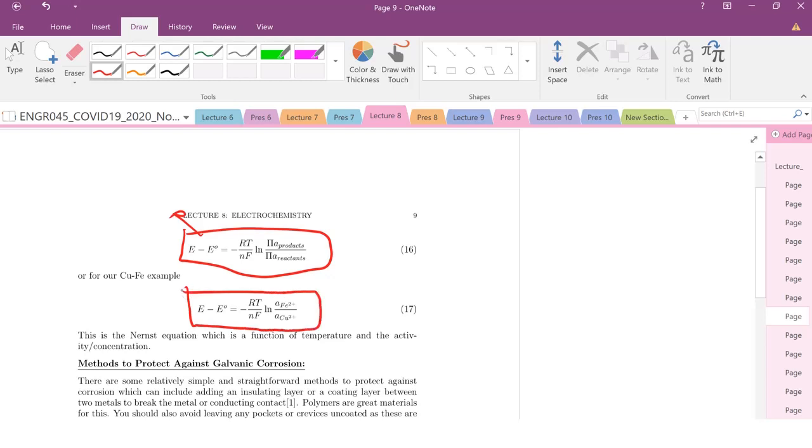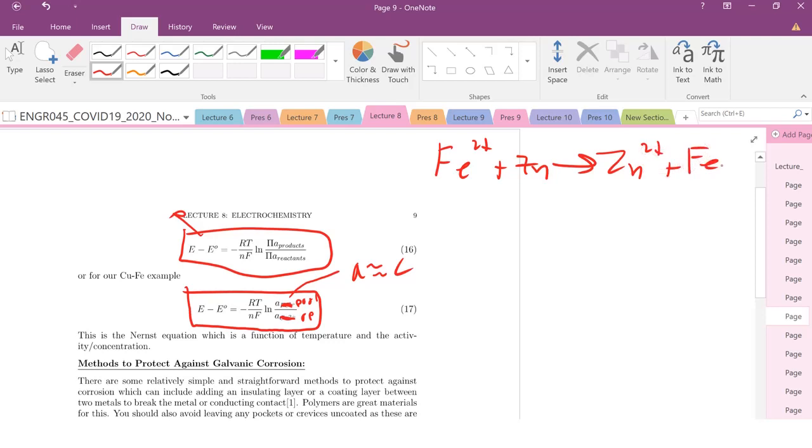So you can see we're going to make one approximation here, that the activity, and actually we're going to ignore, this is going to be products versus reactants. We're going to say that the activity is approximately equal to your concentration. So let's look at the last half cell reaction that we did, which was Fe2+ plus zinc goes to Zn2+ plus Fe. That was our full cell reaction here.